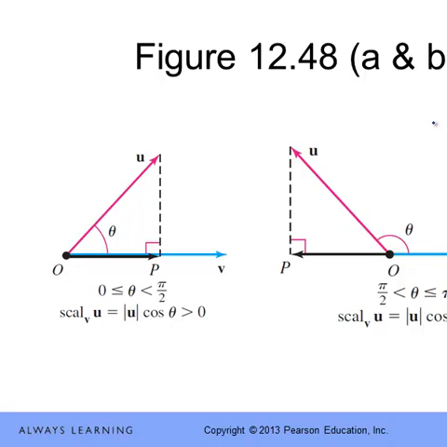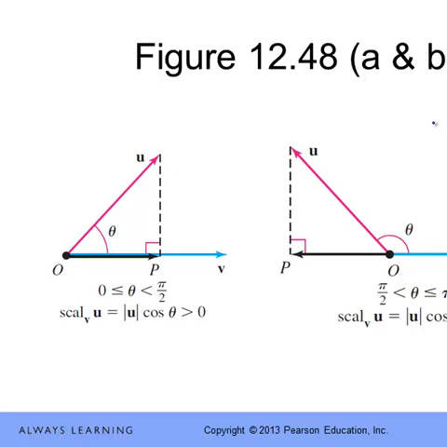One way is to understand the idea of the scalar projection of u onto v, which is nothing more than taking the magnitude of u times the cosine of the angle between vectors u and v, which will basically give you the magnitude of the projection vector.